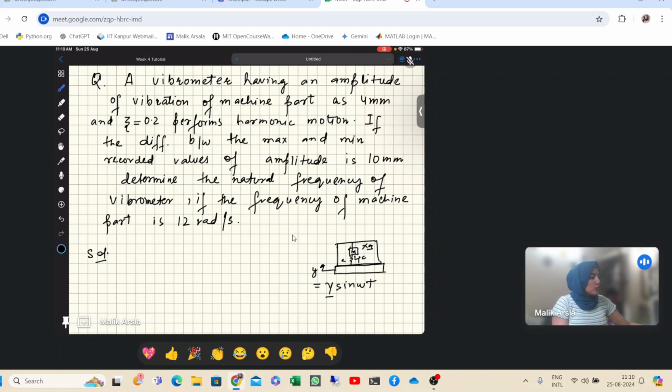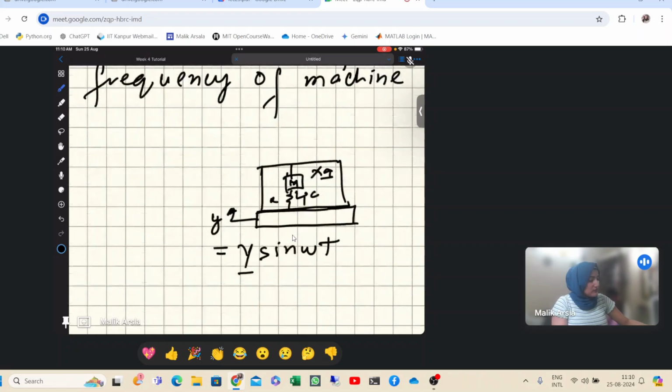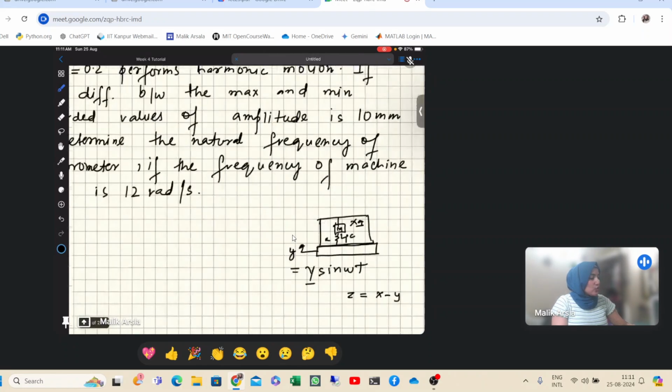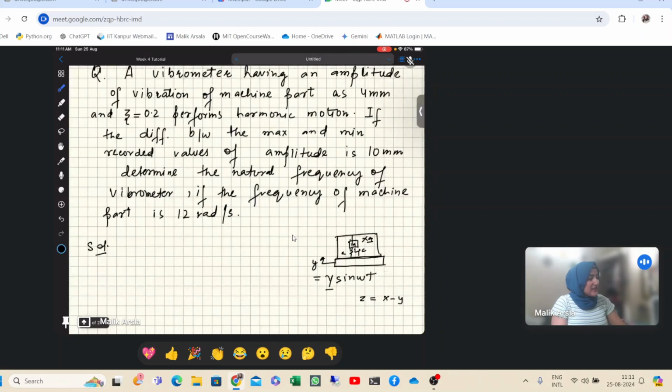Here also, if the mass has an absolute motion of x, the relative motion between the vibrometer and the vibrating machine is x minus y. Now it says that the difference between the maximum and minimum recorded values is 10, so z max minus z min is equal to 10.